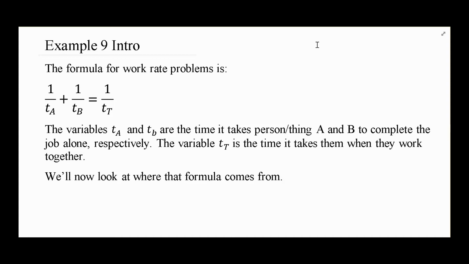So if we had person A and person B, or let's say Alex and Brad working on this job together, then T sub A is Alex's time alone, how long it takes him to complete the job. T sub B is how long it takes Brad alone. So if we take 1 over the time of A plus 1 over the time of B, that's going to equal 1 over their time together. So if you want to just straight up memorize this, that's great. And this is actually written in a form that's easy to memorize.